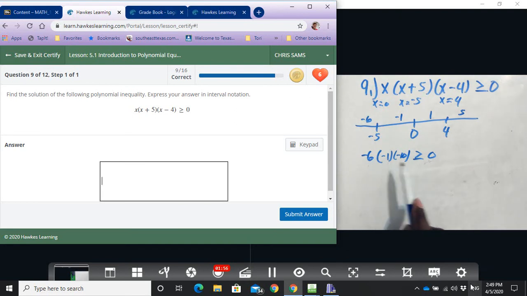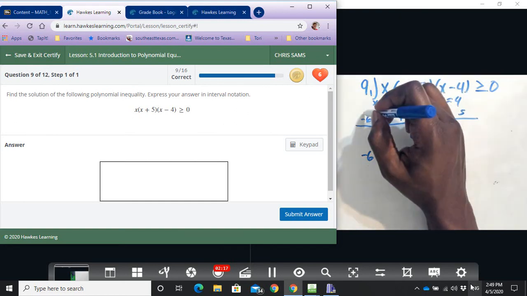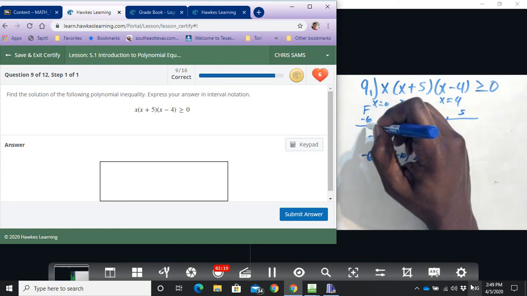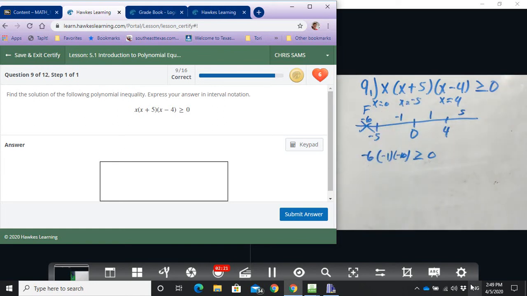The sign is really going to give it away, because either it's going to be greater than 0, which means positive, or it's going to be less than 0, negative, and then true or false that way. So negative times a negative is a positive, so these two make positive, and then positive times a negative goes back negative. So the whole answer is going to be negative. A negative number is not greater than 0, so this section is false. So this is not part of my solution.